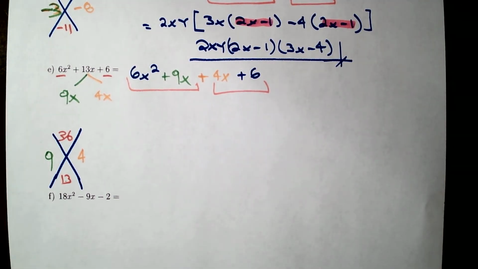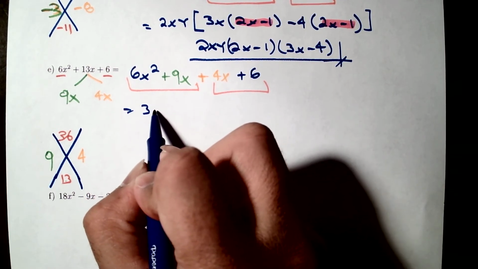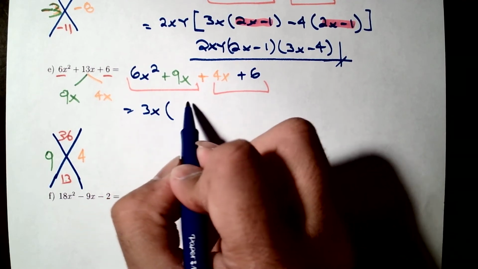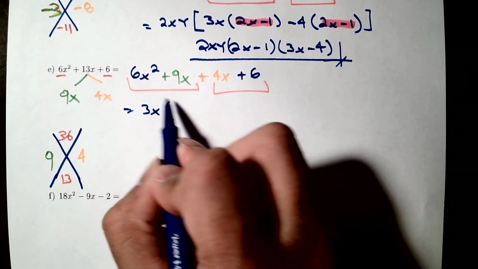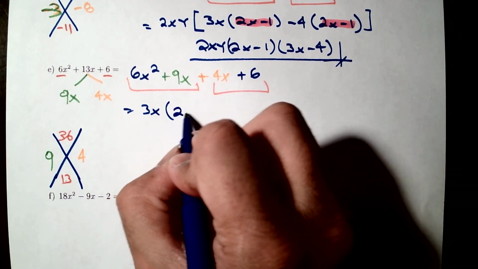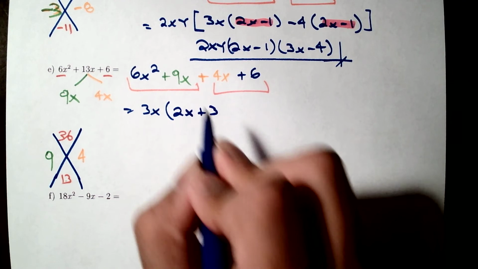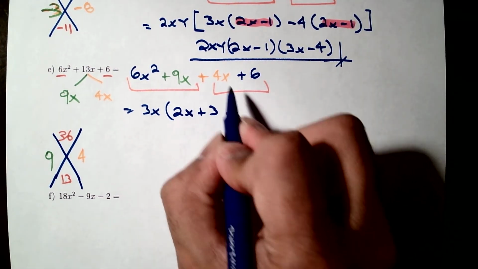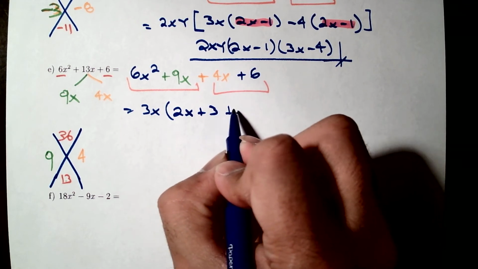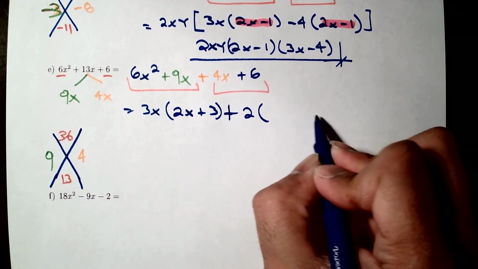For the GCF between 6 and 9, what do they have in common? The number 3 and x. Because in this case, 3x times what equals 6x squared? That's 2x plus 3. 3x times 3 equals 9. Plus, factoring out between 4x and 6, the only thing they have in common is the number 2.